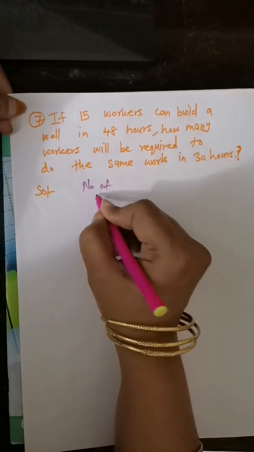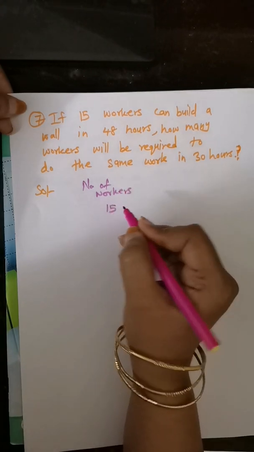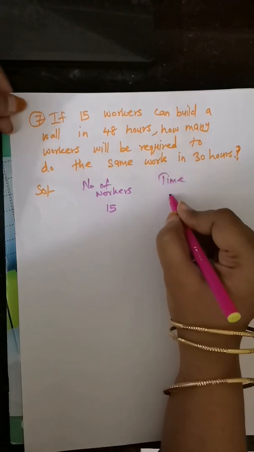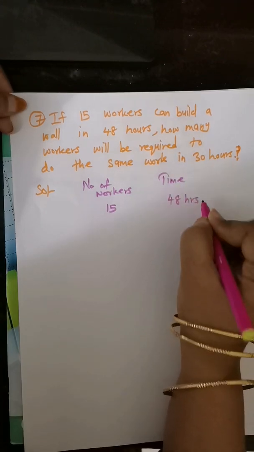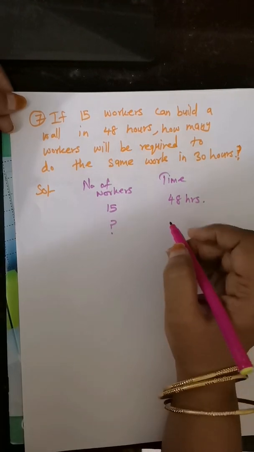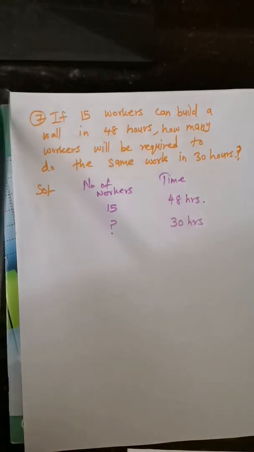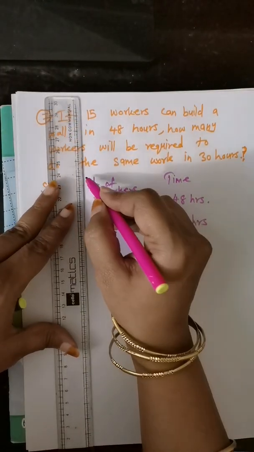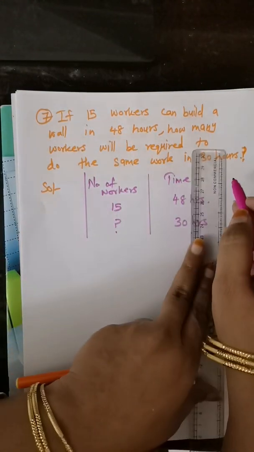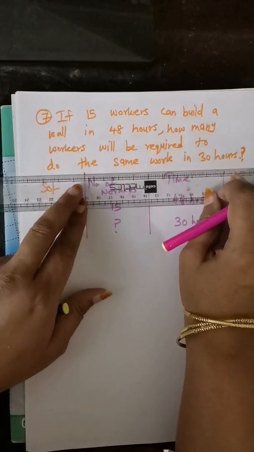Number of workers, 15 workers can build a wall in how much time? In 48 hours. You have to find how many workers are required to do the same work in 30 hours. If time decreases, number of workers increases.